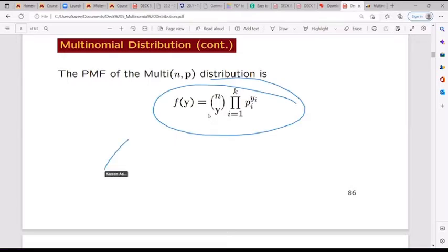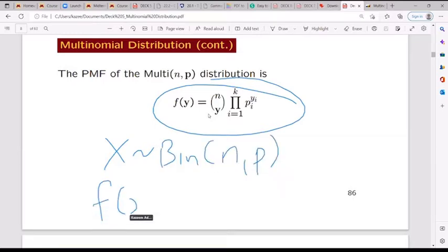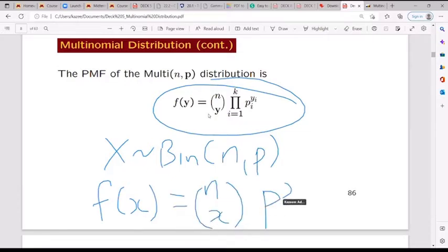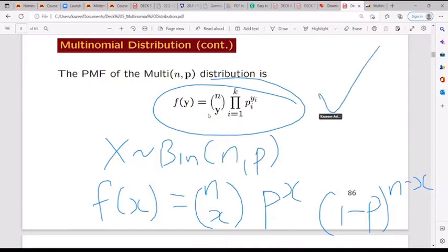If X follows a binomial with parameters n and p, the f of x is going to be n combination x, p raised to the power x, and 1 minus p raised to the power n minus x. That's the binomial. But this is the multinomial, which has more than two probabilities. That's why you see the product of p_i.